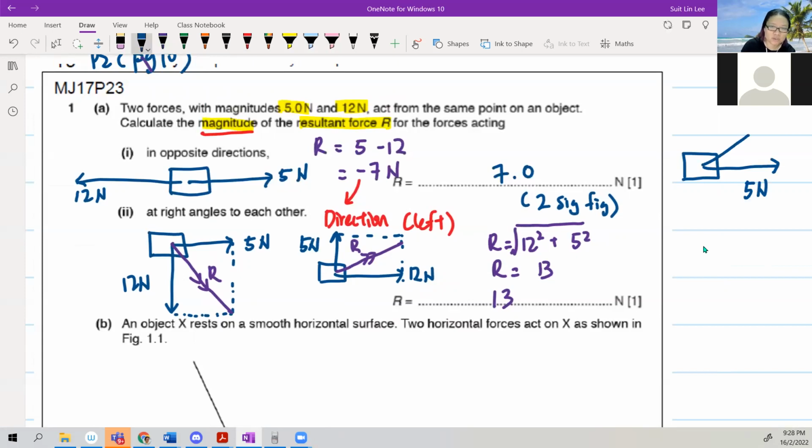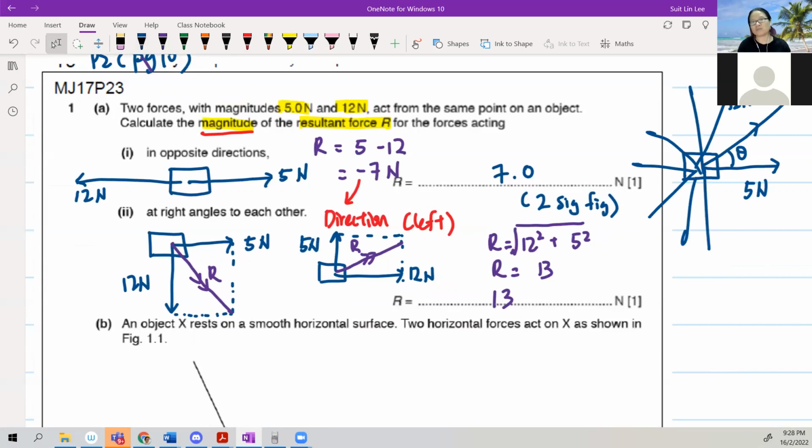And I have 12 Newton, where this 12 Newton can be any theta. So that means this 12 Newton, I can rotate like the windscreen wiper. Okay, that means this 12 Newton can be here, here, here, in many different directions.